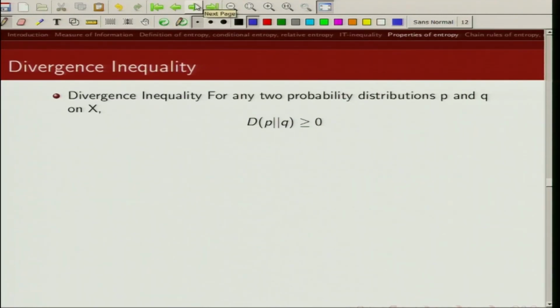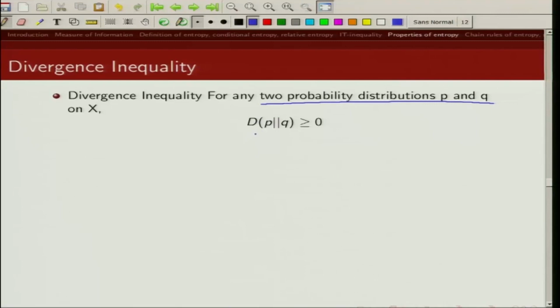Now divergence between any two probability distributions p and q is always greater than or equal to 0. So divergence is in some sense a measure of closeness between two distributions. If p is very close to q, the value of divergence will be close to 0.